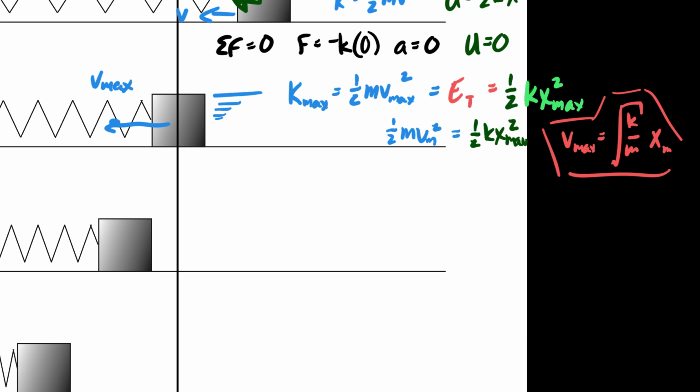Now, we're only at equilibrium for an instant, and suddenly we're on the other side, and that means suddenly our displacement is on the negative side of equilibrium. So our displacement becomes negative because it's on the left side. First, that means immediately that the force changes direction.